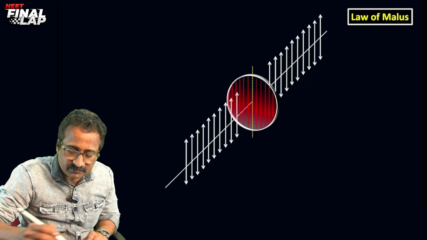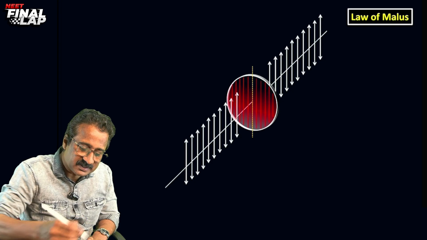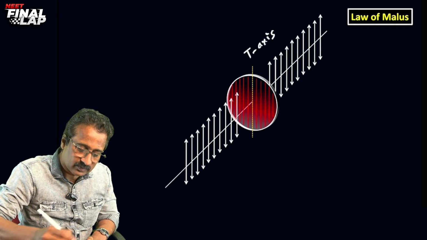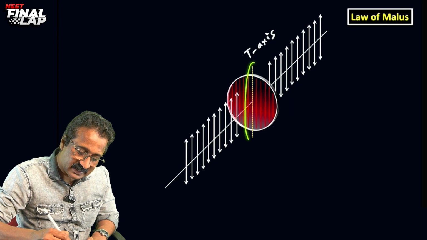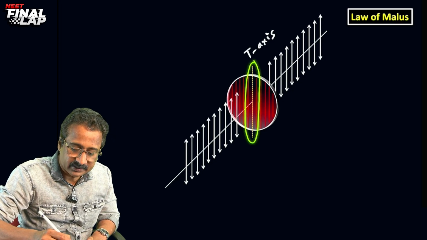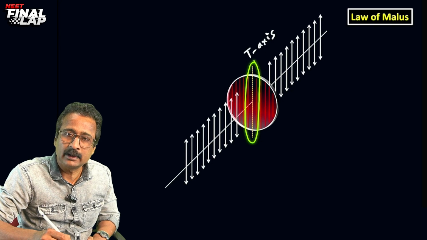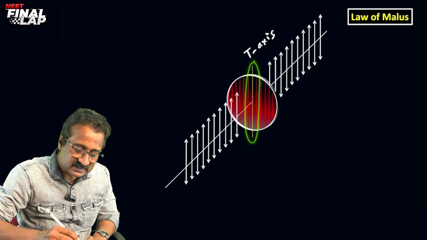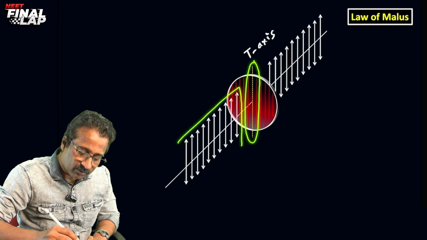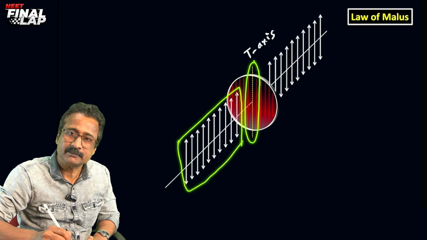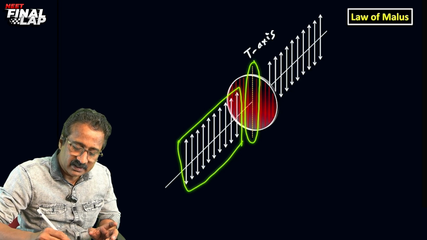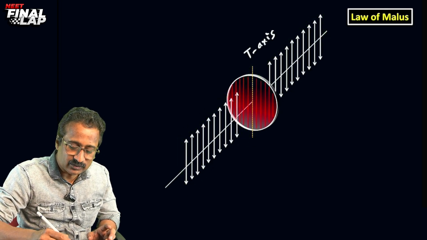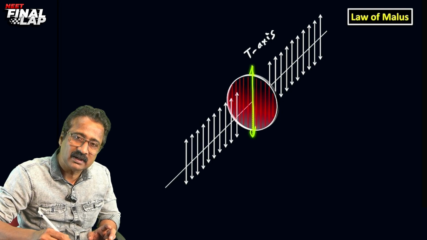Now in this particular figure, you'll notice that the transmission axis I have shown here, this t-axis, this axis is the transmission axis. I hope it is clear in your monitor. Okay, you can see a yellow line here. That yellow line is what I mentioned here as a transmission axis. That transmission axis is parallel to the plane of vibration in incident light. Then of course, this material will transmit the entire oscillation because this material only transmits oscillations in this direction.